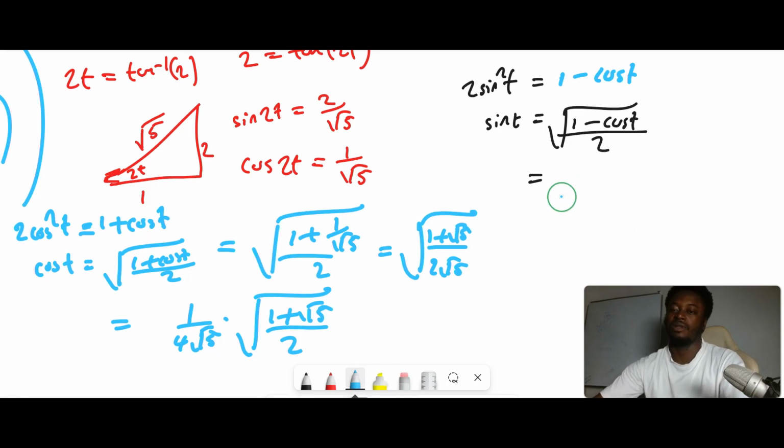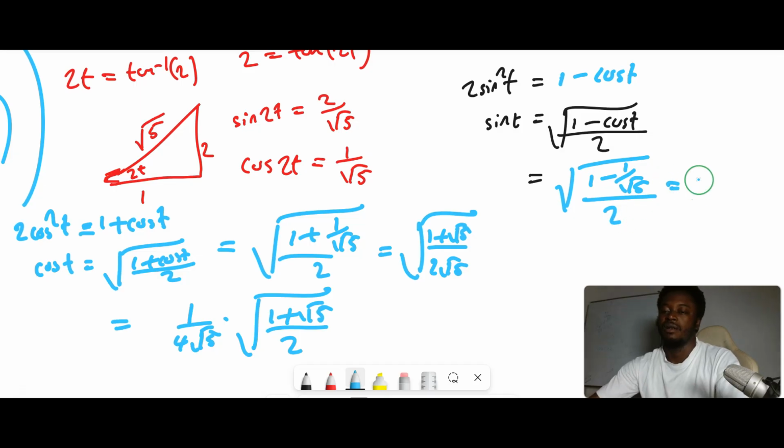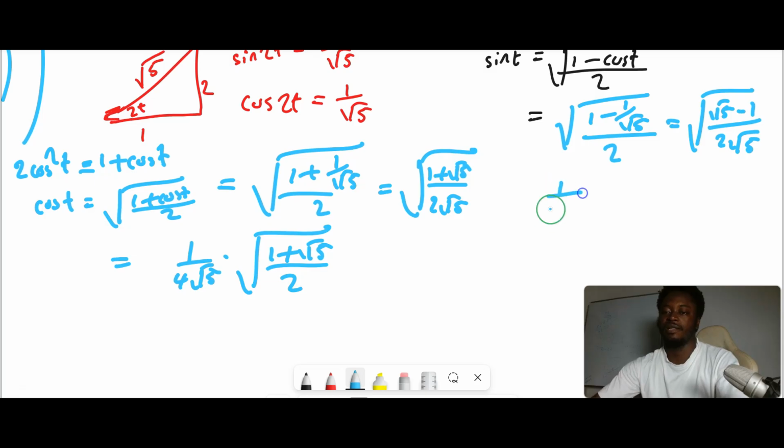So this will be just the square root of (1 minus 1 over square root of 5) all divided by 2, which is basically the square root of (square root of 5 minus 1) over 2 square root of 5, and that would be 1 over the 4th root of 5 times the square root of (square root of 5 minus 1) all divided by 2.